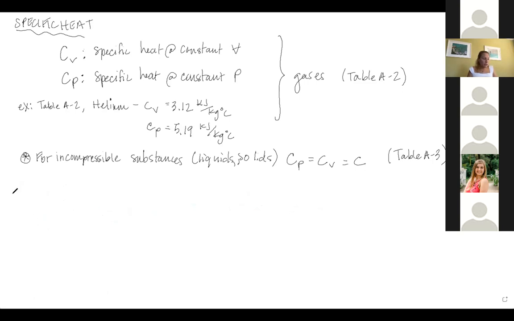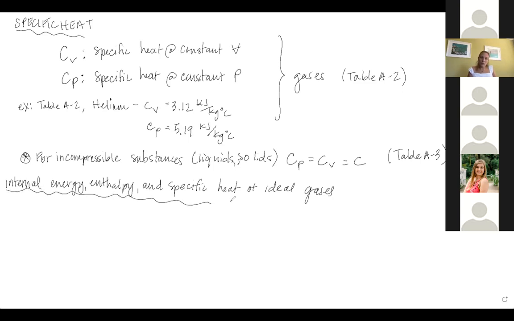So let's move on to how this relates to internal energy, enthalpy, and specific heat of ideal gases. These have a relationship that we take advantage of a lot to solve problems.